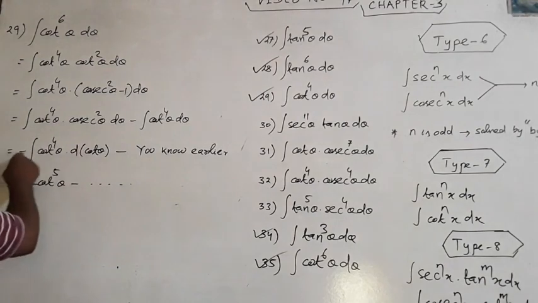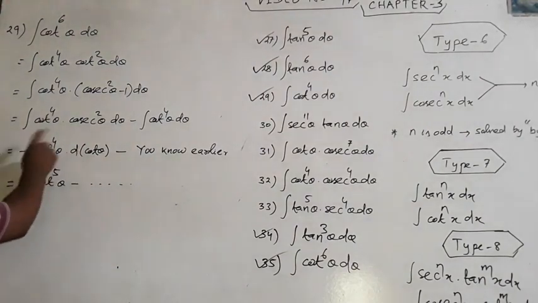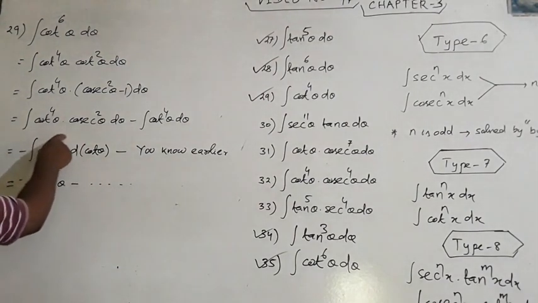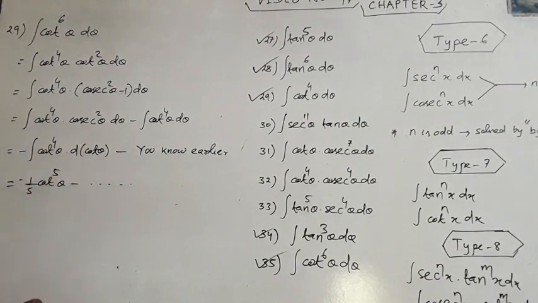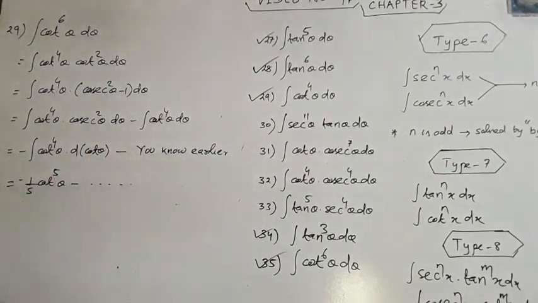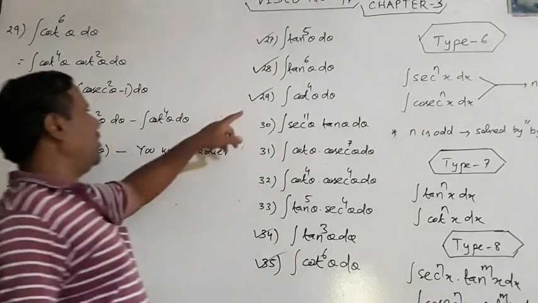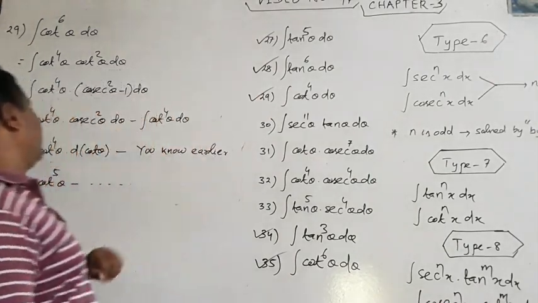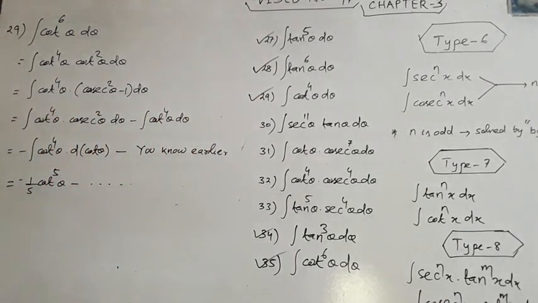It is minus derivative of cot theta. Whatever the power 4, its derivative. It is minus 1 by 5 cot power 5, and cot power 4 you know from earlier. I have taught you already here. You can put the value and get the answer.